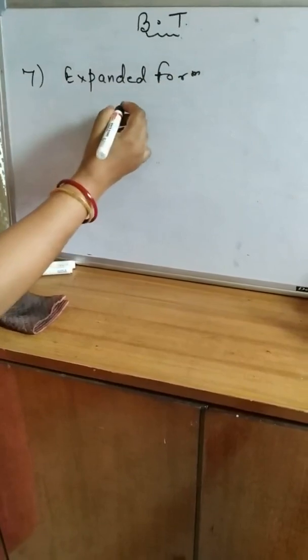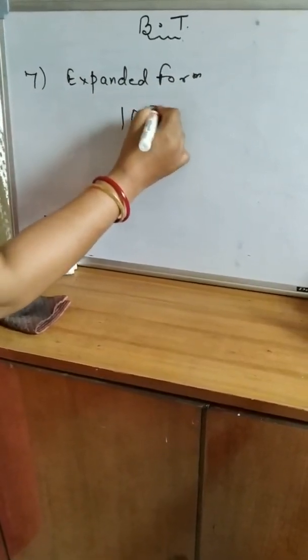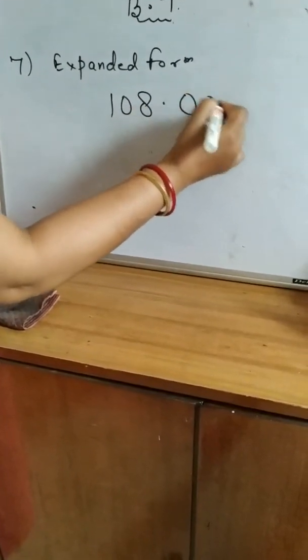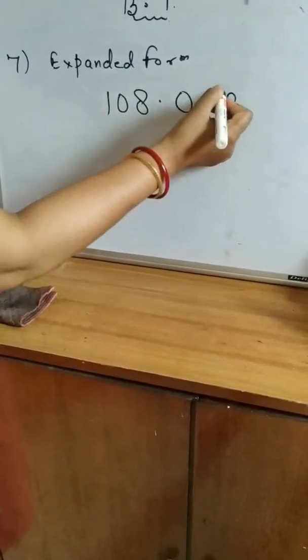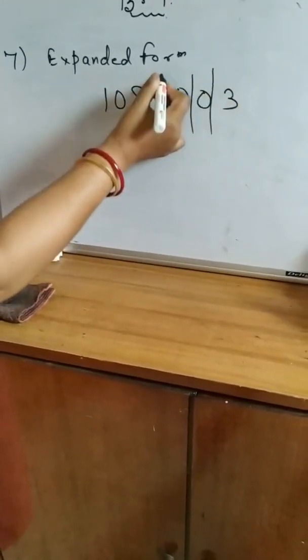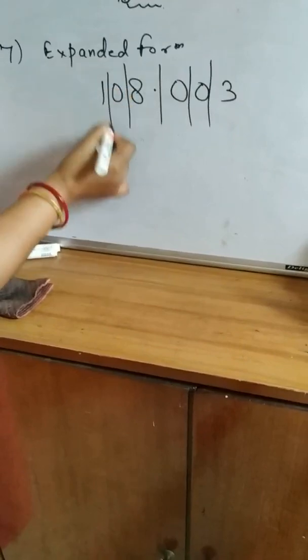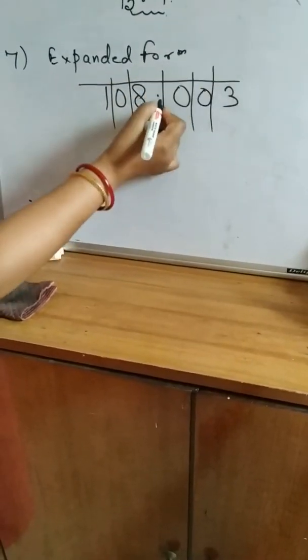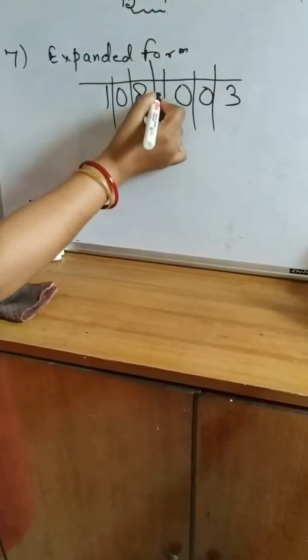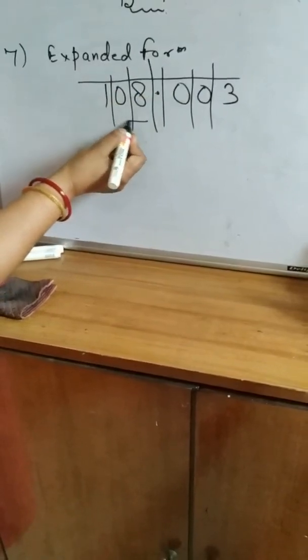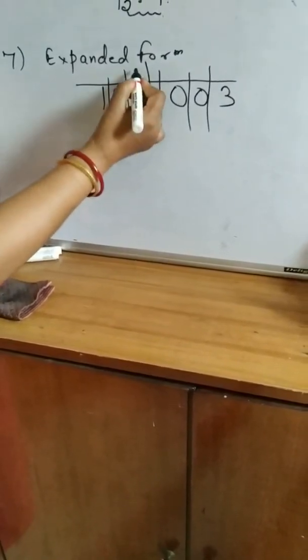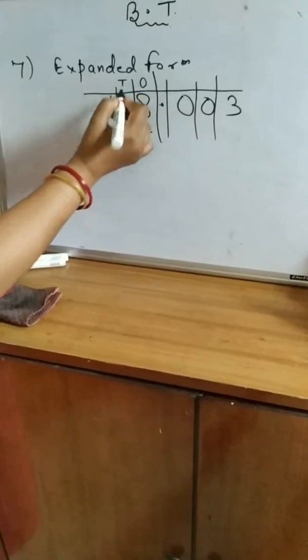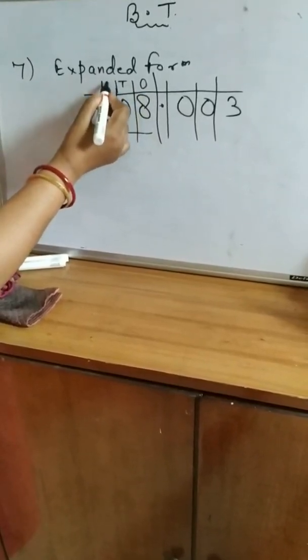The number is 108.003. So how will you write it? Firstly find out the places of these digits. This is the decimal point. To the left of the decimal it is a whole number. So what is the place of 8? Ones, then tens, then the place of 1 is hundreds.